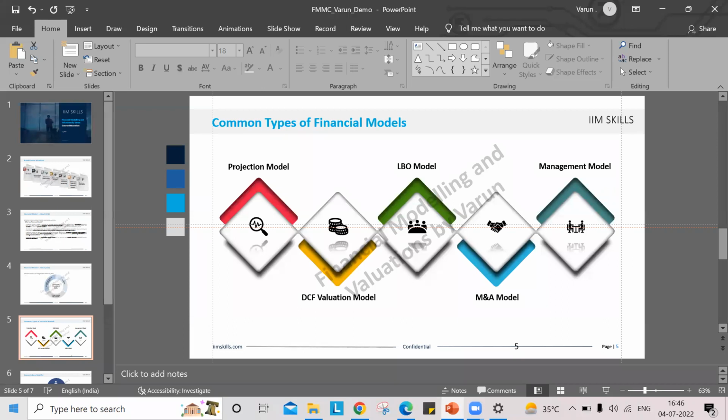And the others are different types of financial models, each with a different usage. DCF is a valuation model. LBO is a deal model wherein the company analyzes, okay, if I invest in this company at XYZ dollar amount and borrow X%, and after a 3 or 5 year stint I take an exit, what would be my returns?